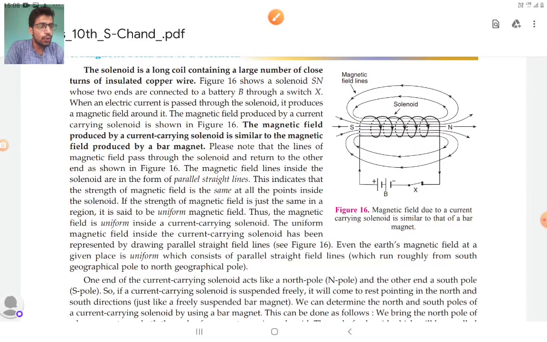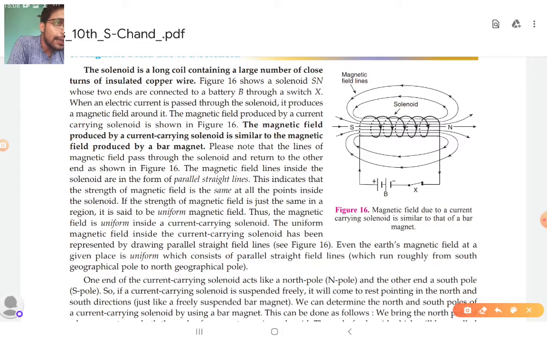So we should know, when we look at this activity and want to know the magnetic field pattern produced by the solenoid, that the magnetic field produced by this solenoid is just like a bar magnet. It behaves like a bar magnet.